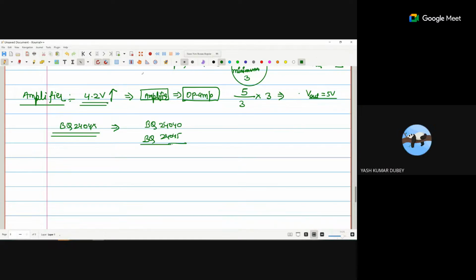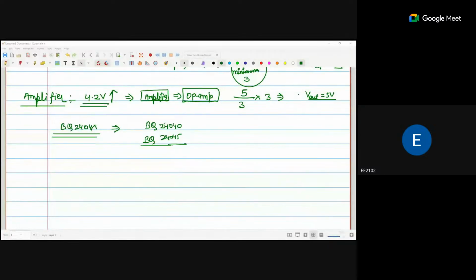Lithium ion, it is, no? Lithium ion. Okay. Any other? Lithium ion is not there.